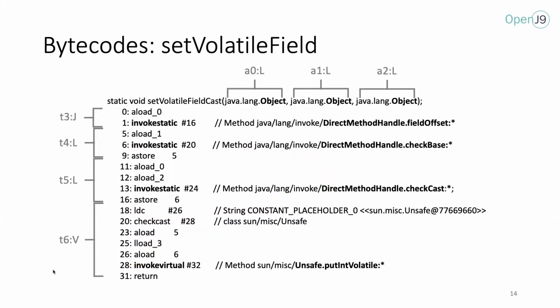The function calls get translated into bytecode instructions, and the values returned from those function calls are being passed via other bytecodes such as ALOADs and ASTOREs. And at the end, we are doing an invokevirtual with Unsafe putIntVolatile, which should update the field in the class.